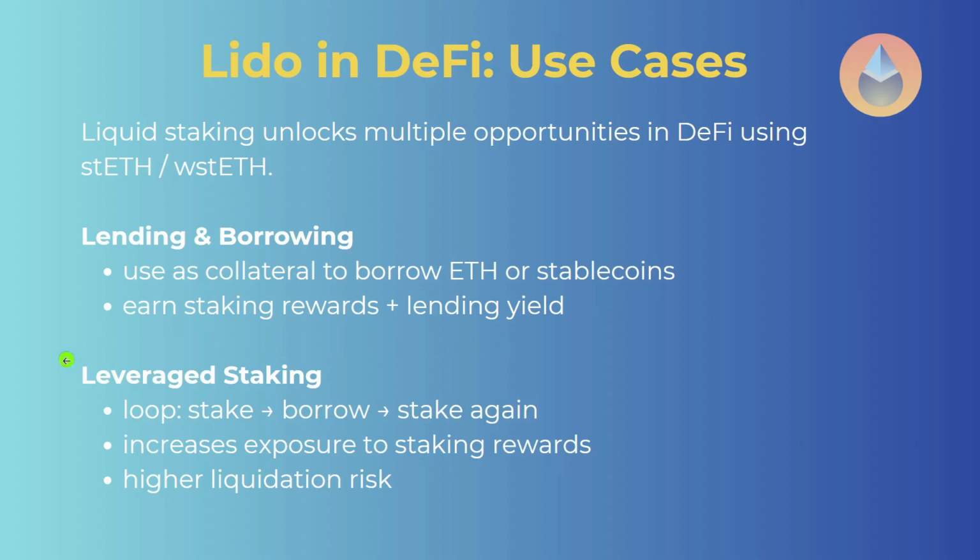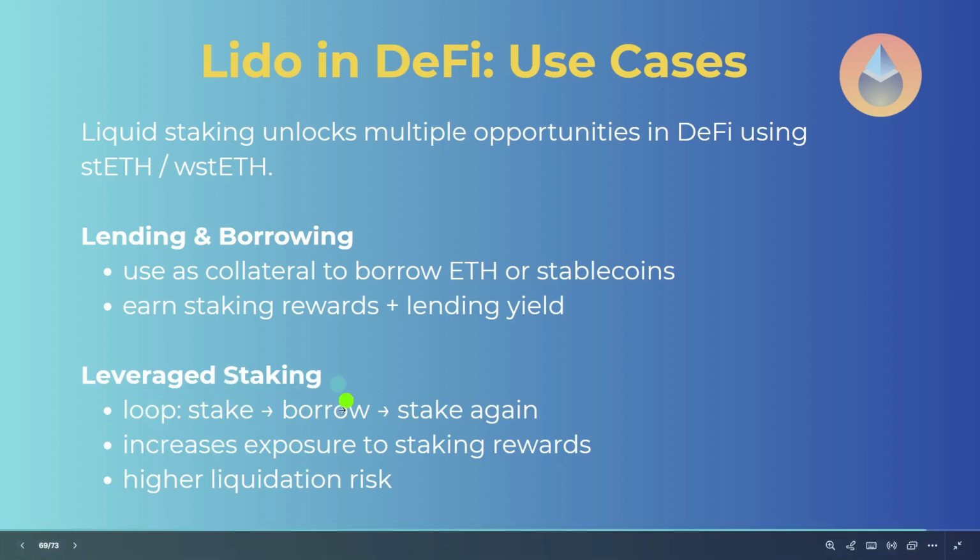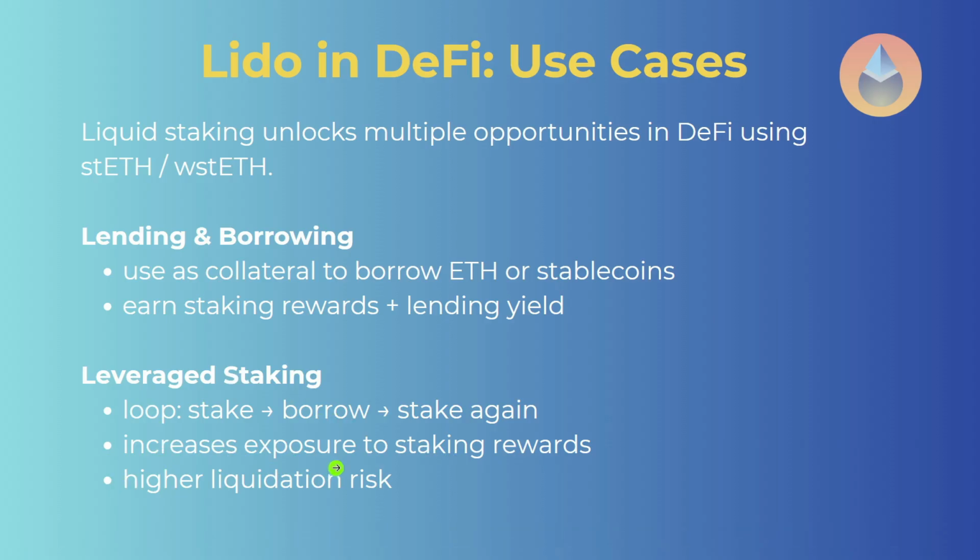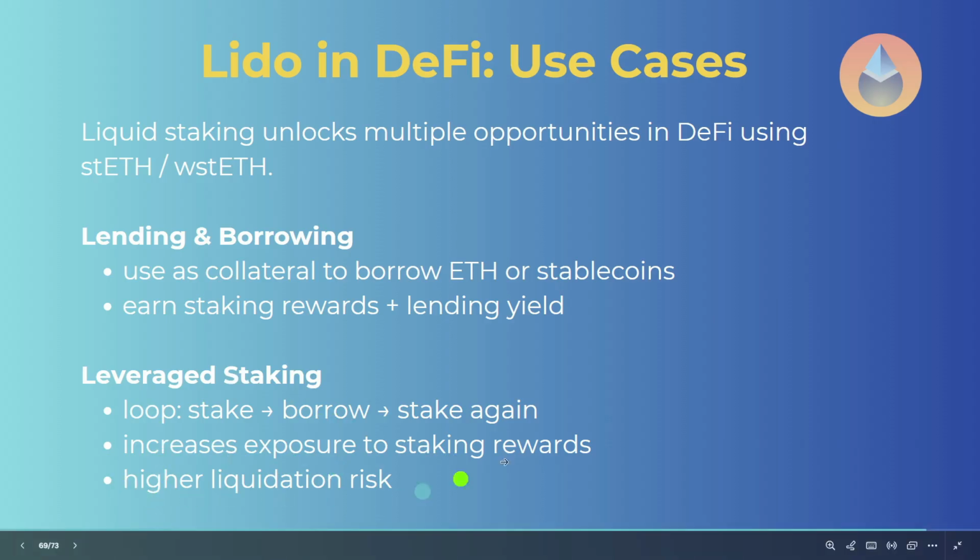Leveraged staking: you loop, you stake, borrow and stake again. This increases exposure to staking rewards. This is basically leverage. So this increases exposure to staking rewards, but there is a higher liquidation risk.